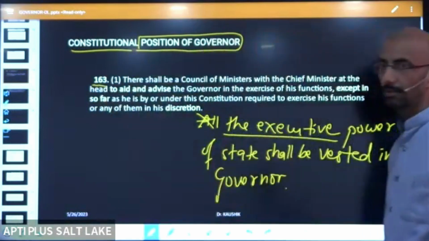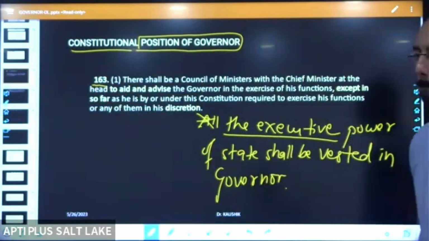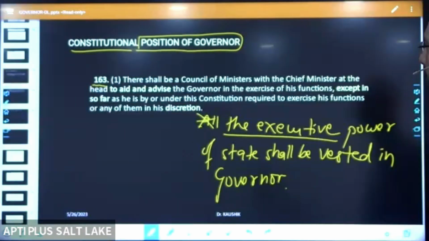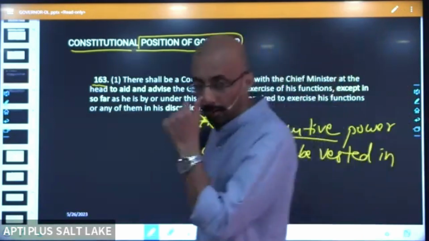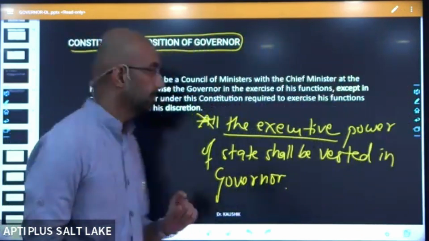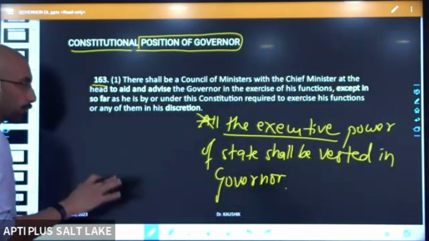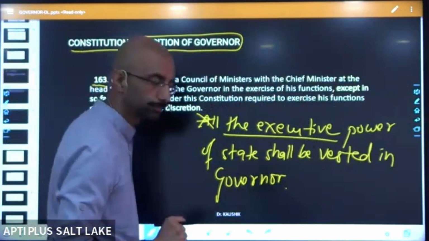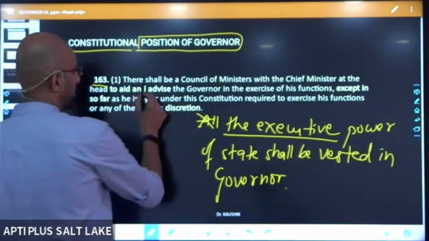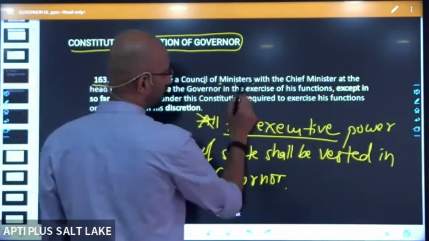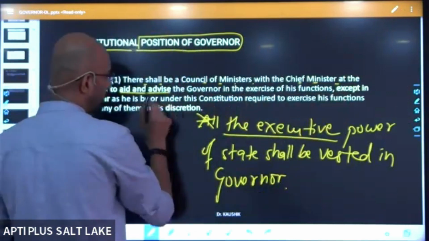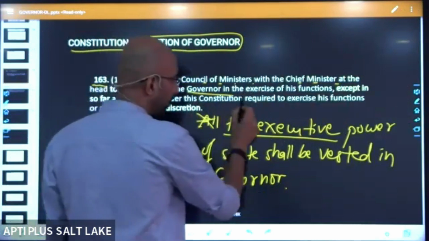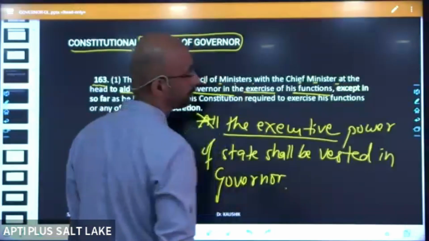Please have a look at the article yourself. Now, if you carefully observe the article, it is partially similar to Article 74. So here it says what? There shall be a council of ministers with the chief minister at the head to aid and advise the governor in exercise of his functions.